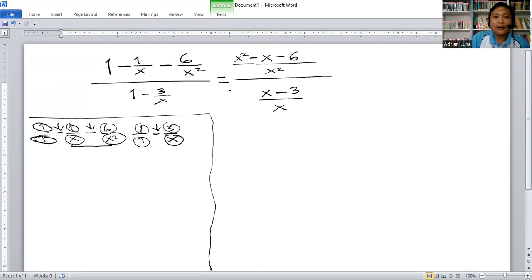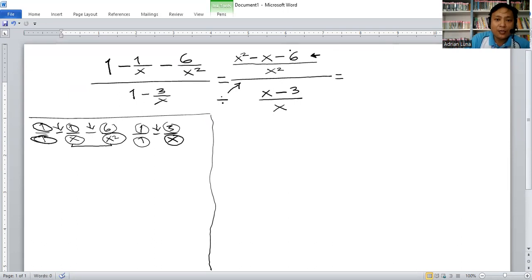Alright? And like I said earlier in the first part, this main fraction bar will serve as our division operator. So let's represent this: the numerator is to be divided by the denominator. By the way, the numerator of the numerator, this one, we will factor out.